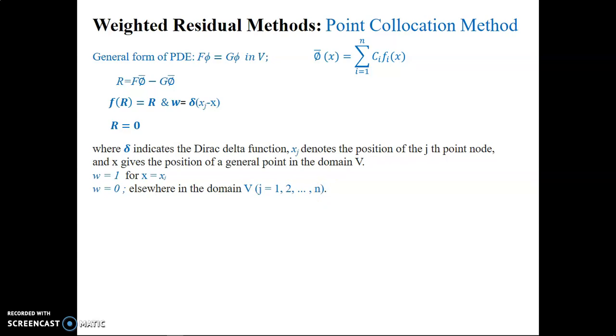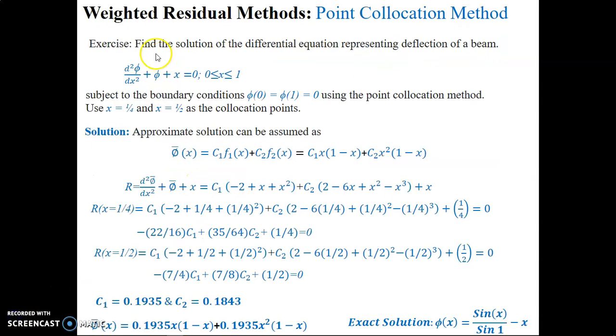Now let us apply this method to solve a problem associated with mechanical engineering. Here we need to find the solution of a partial differential equation which represents the deflection of a beam. The differential equation is given. It is a second order partial differential equation based on the deflection, and the value of x lies between 0 and 1.